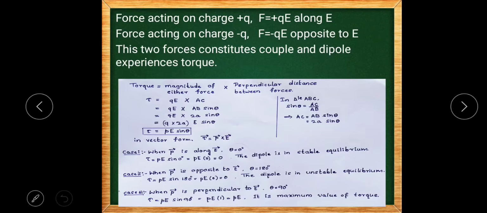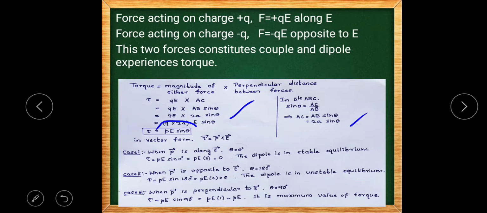Hence AC equal to 2a sin theta. Substitute here, then we get tau equal to qE into AB sin theta, equal to qE into 2a sin theta. Now rearranging the terms, q into 2a into E sin theta. Here q into 2a can be written as dipole moment P. We know dipole moment P equal to q into 2a.